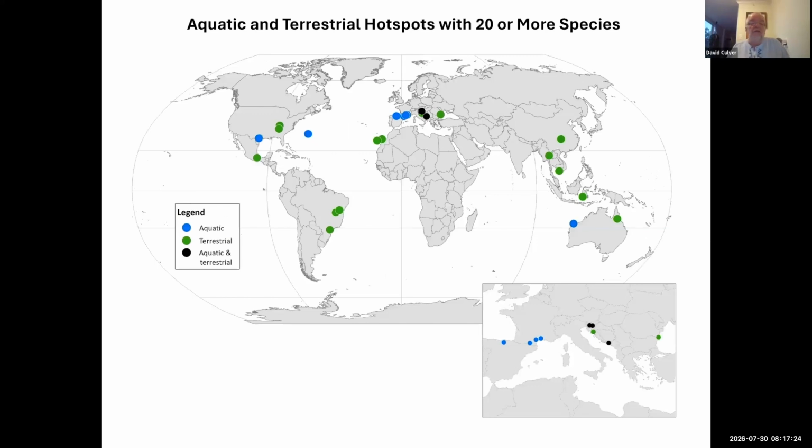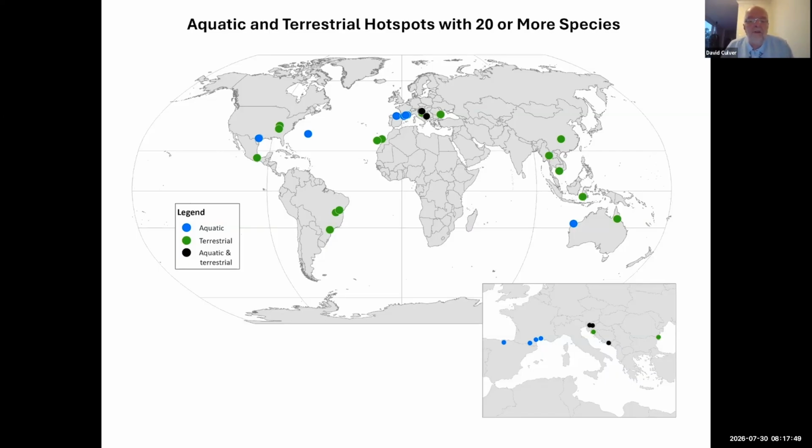We continued this, and this is basically the latest result. Instead of having 20 species total, this map shows those caves and sites that have either 20 aquatic species or 20 terrestrial species, or have 20 of both. The ones in blue are the aquatic sites.